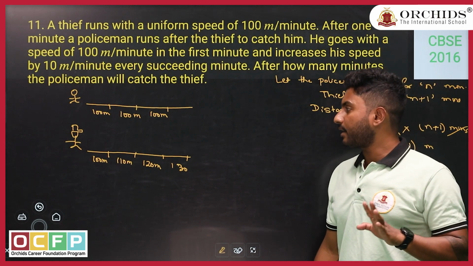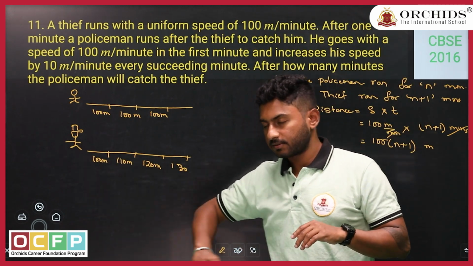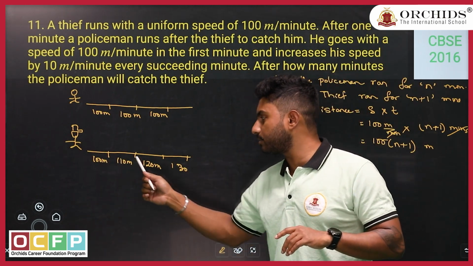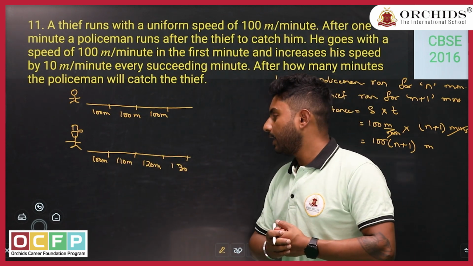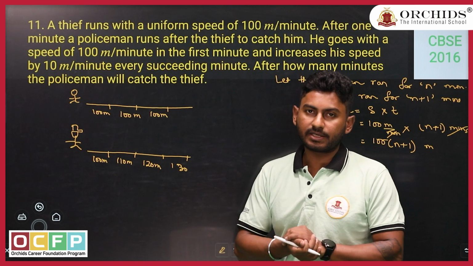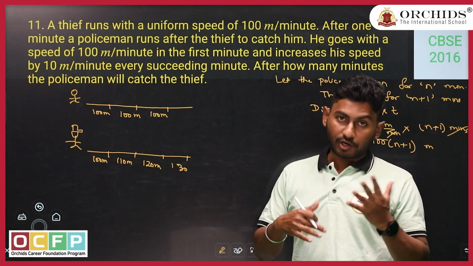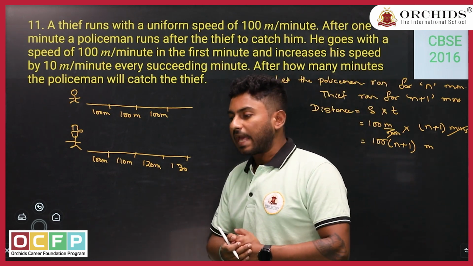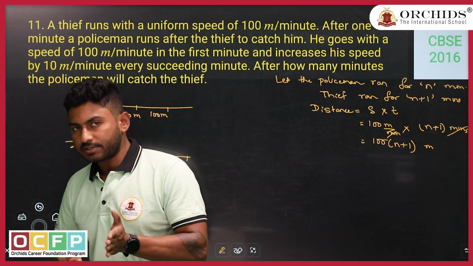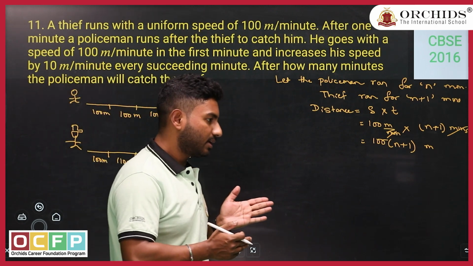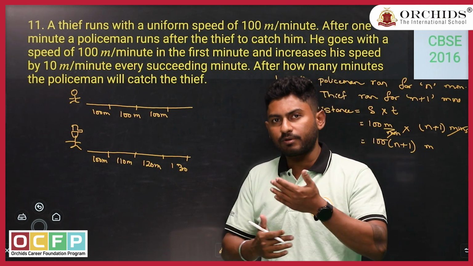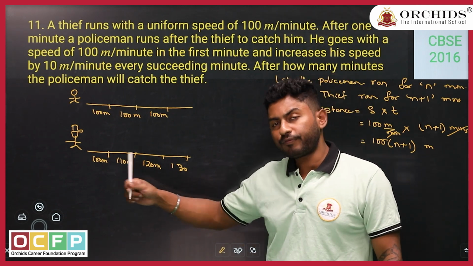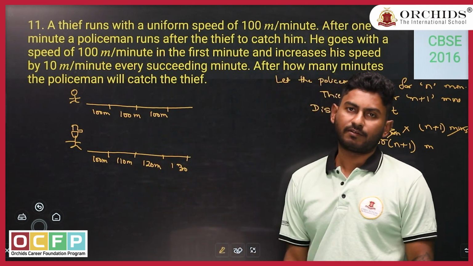Now if I check for this policeman, how to find? Because the speed is not uniform. He travels 100 meter in 1 minute. In the next minute he travels 110 meter. In the third minute he travels 120 meter. So basically he was traveling different distances in the subsequent minutes. So how to find out how much distance he has travelled?